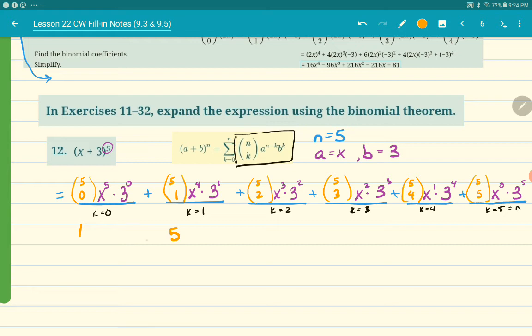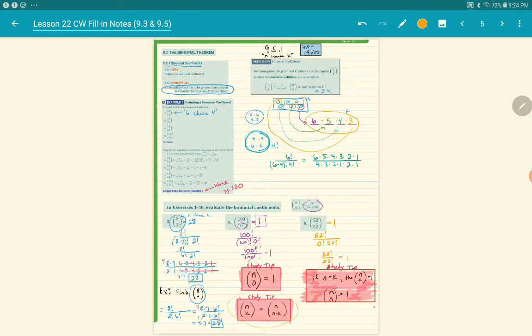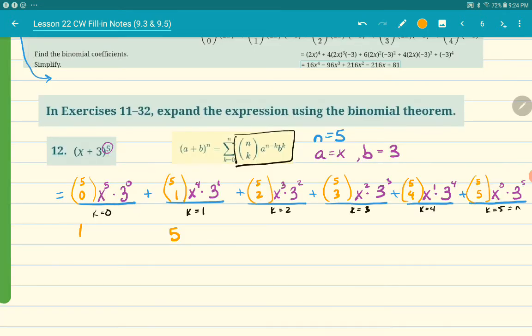I also remember this study tip that says there's going to be some symmetry here. 5 choose 0 is 1, but also 5 choose 5 is 1. 5 choose 1 is 5, which means 5 choose 4 is also 5. 5 choose 2.